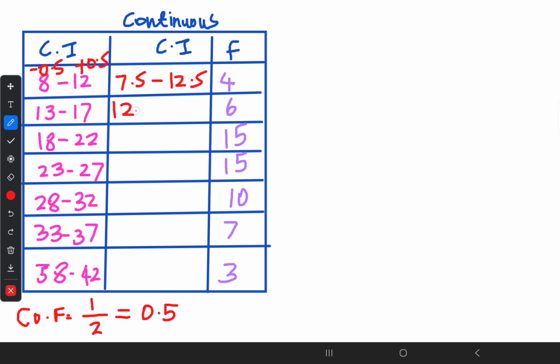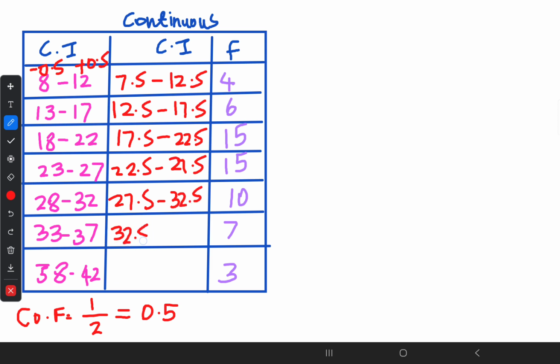Then 13 minus 0.5 is 12.5, 17 plus 0.5 is 17.5, then 17.5, 22.5, then 23 minus 0.5 is 22.5, plus 0.5 is 27.5, again 27.5, 32.5, thereafter 32.5, 37.5, 37.5, and 42.5. Okay, now the class intervals became continuous.